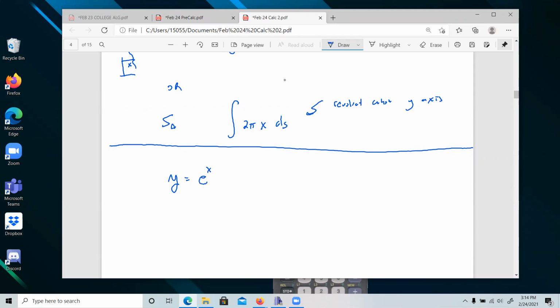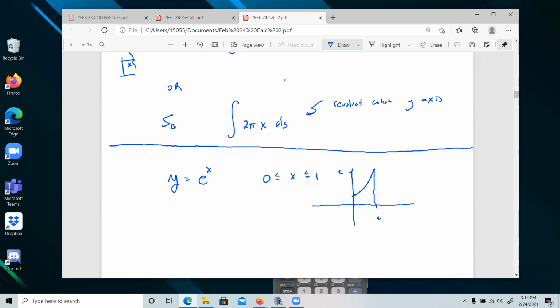let's look at the function y equals e to the x, and we're going to go from x equals 0 to 1. Okay, so let's draw a little picture. Okay. x is 0, e to the 0 is 1. And at x equals 1, we're going to be up here at e, right, e to the 1. So we're just going to be looking at this thing. Okay, so from 0 to 1.